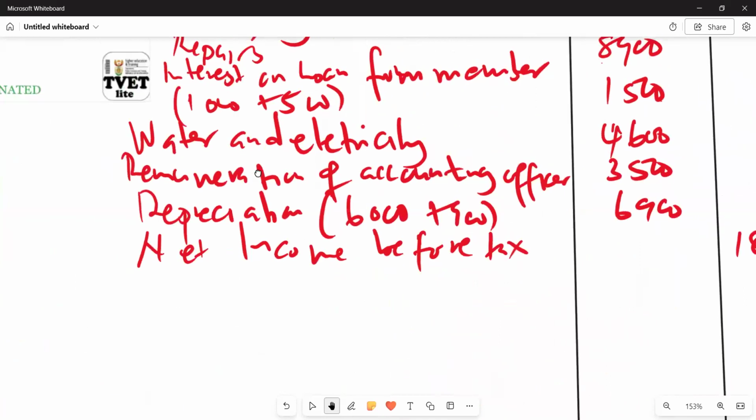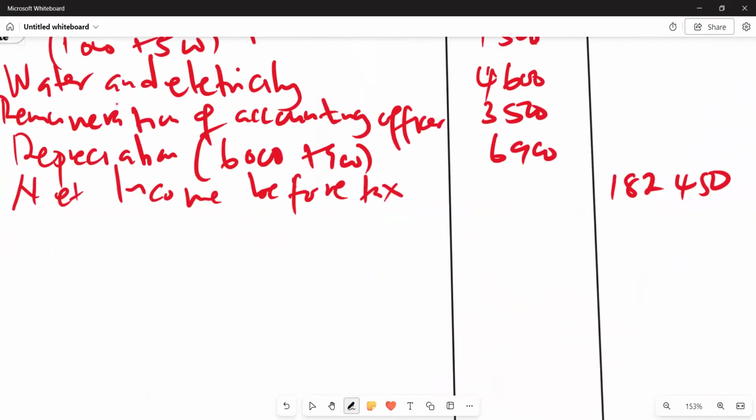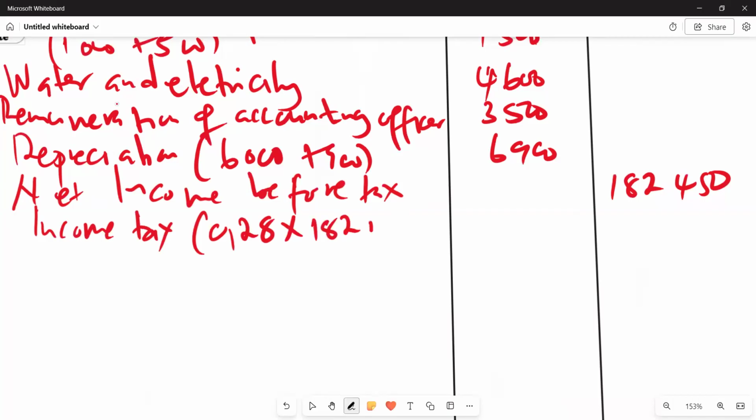So for our tax, we are saying income tax 28%, which is 0.28 as a decimal, and then we multiply by 182,450. And if you calculate it correctly, you're going to get 51,086.